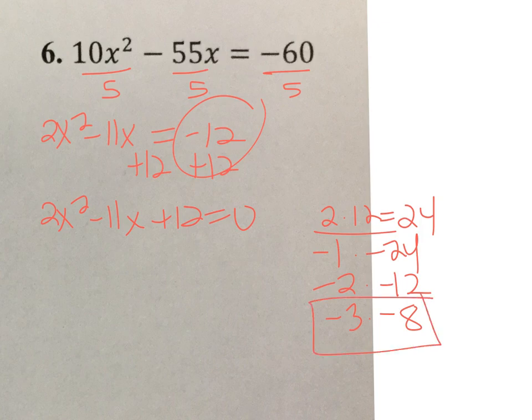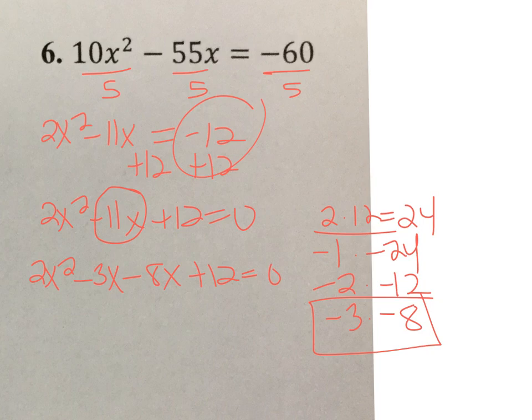So remember, I'm going to rearrange this negative 11. I'm going to use negative 3 and negative 8 in its place. So I have 2x squared minus 3x minus 8x plus 12 equals 0. All right, so next step, we're going to take out common factors from each group.